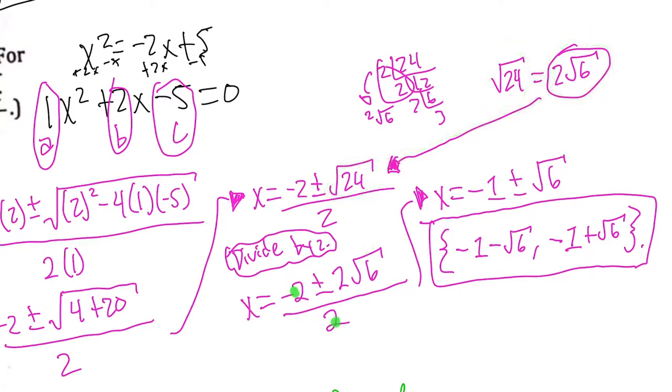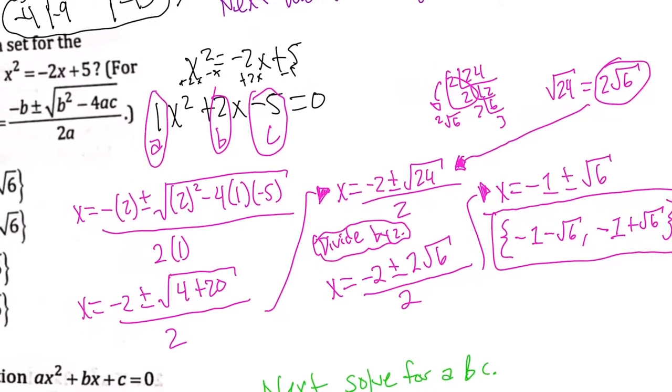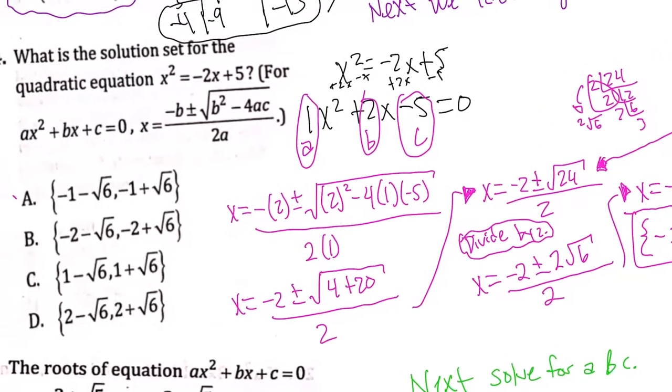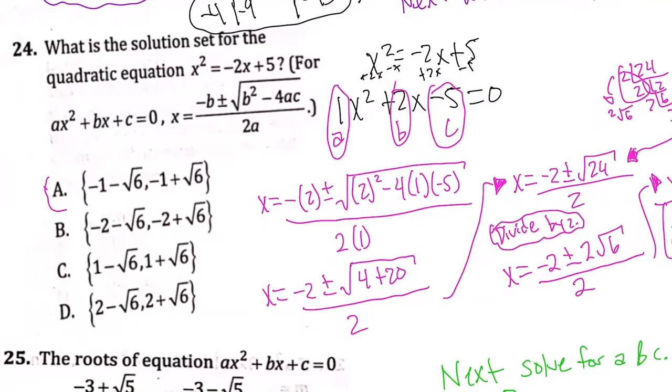So 2 divided by 2 is just 1, 2 divided by 2 is just 1. So then this simplifies to x equals -1 plus or minus the square root of 6. So -1 minus the square root of 6, comma, -1 plus the square root of 6. So my answer here is A, final answer.